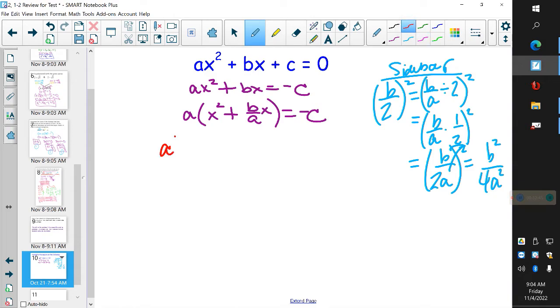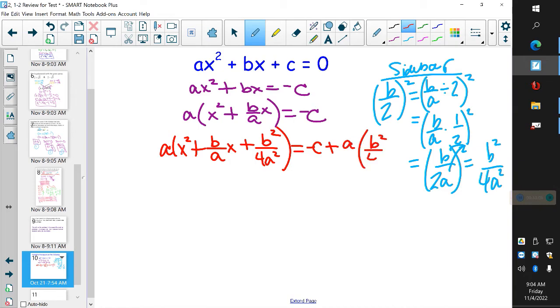So I'm going to have a parenthesis x squared plus b over a x, plus b squared over 4a squared, all is equal to negative c plus, what am I adding? A times b squared over 4a squared.